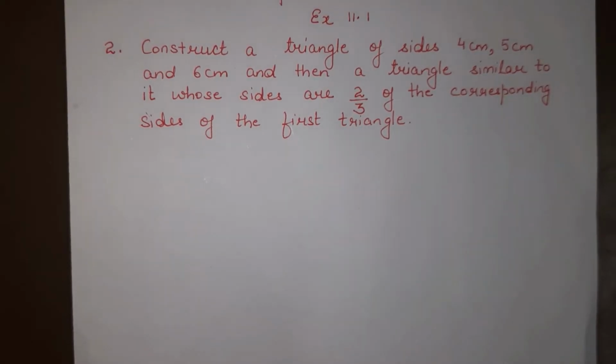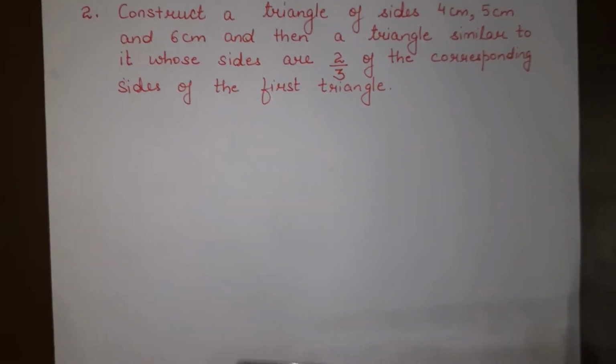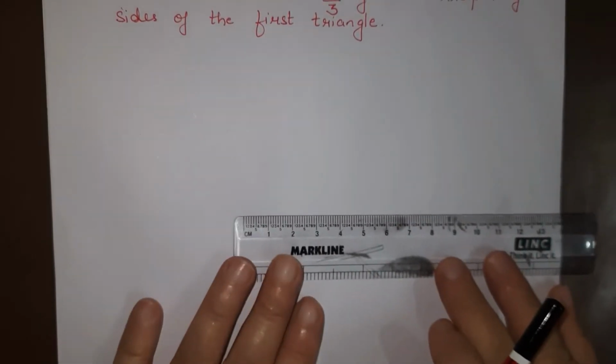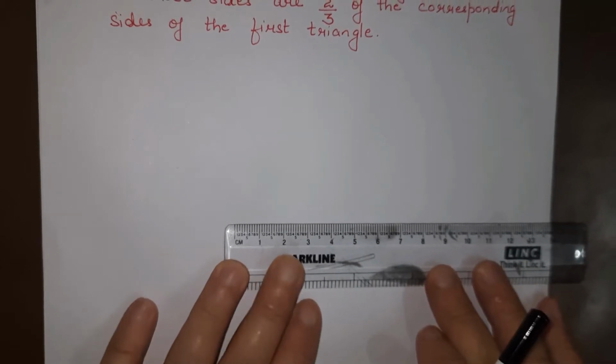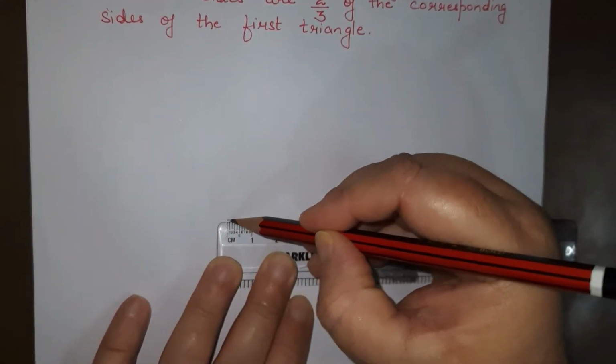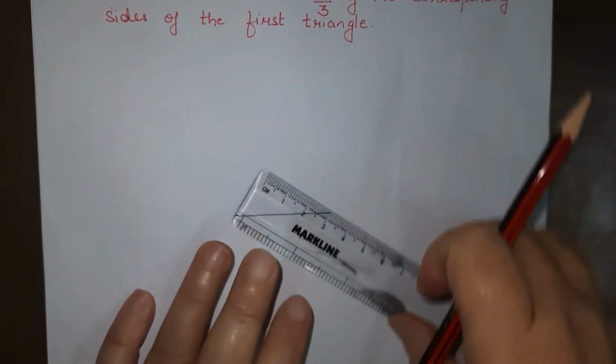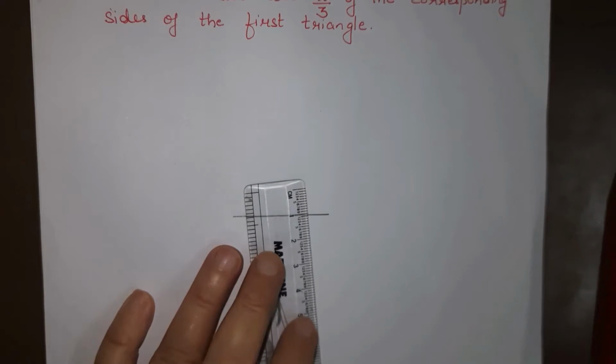So first of all, it is given that construct a triangle of sides 4 cm, 5 cm and 6 cm. So let us start. We will first draw one side. Let us take 4 cm. So we will draw 4 cm first. And now we have to construct 5 cm side.